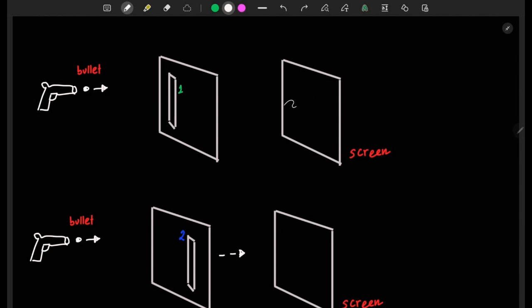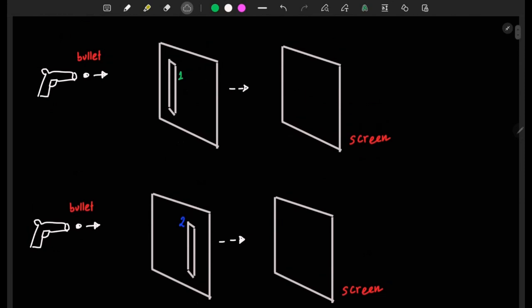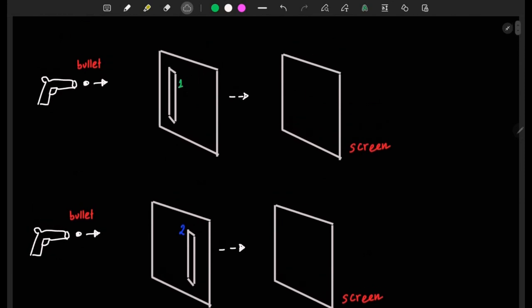So what do you expect to see? Well, you're firing bullets through a hole, and at least some bullets will cross the slit and go through, and you will see some kind of pattern emerging that will roughly look like this.